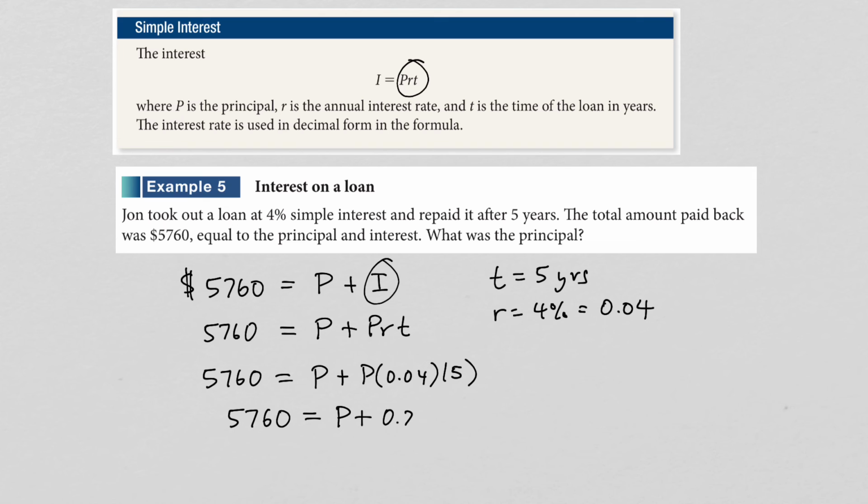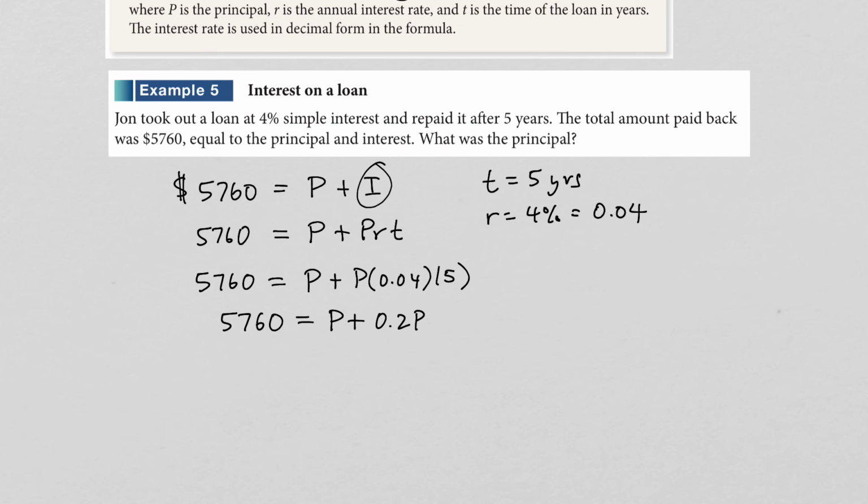So we have 0.2 P. Now keep in mind that this is 1 P here, and then plus 0.2 P. So those are like terms, and if we add those together, 1 plus 0.2 is 1.2 times P. And now we can solve for P by simply dividing both sides by 1.2.